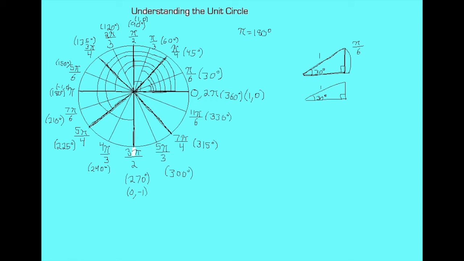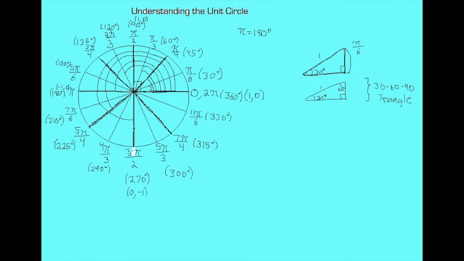So all angles of a triangle add up to 180 degrees. Since this angle is 30 degrees and this angle is 90 degrees, this angle is 60 degrees. 30 plus 60 plus 90 adds up to 180 degrees, which is how many degrees a triangle should have. So over here we have a 30, 60, 90 triangle.